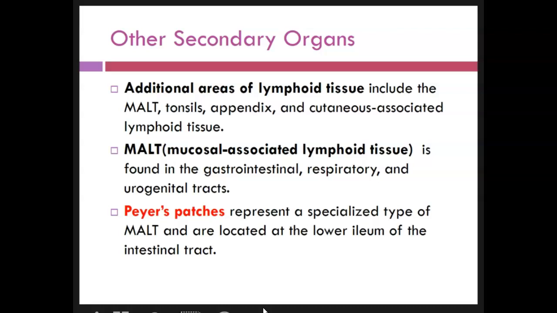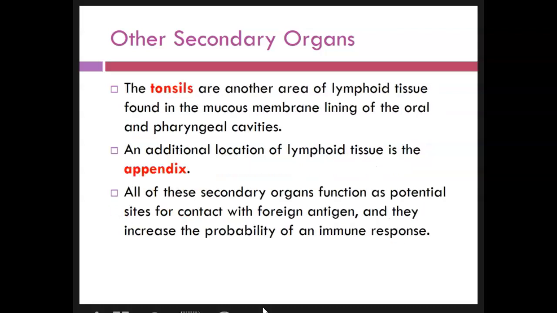These are bundles of lymph tissue organized in the ileum, so Peyer's patches. Make sure that you remember that term. The tonsils are another area of lymphoid tissue found in the mucous membrane lining of the oral and pharyngeal cavities. We know where those are. And an additional location of lymphoid tissue is the appendix.